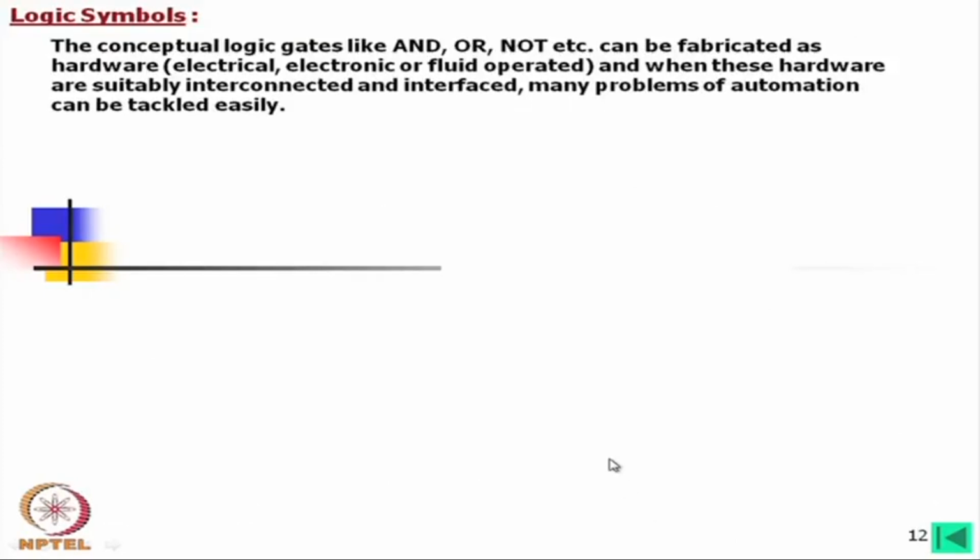The conceptual logic gates like AND or NOT, OR, NOT, etc., can be fabricated as hardware, electrical, electronic or fluid operated, and when these hardware are suitably interconnected and interfaced, many problems of automation can be tackled easily.